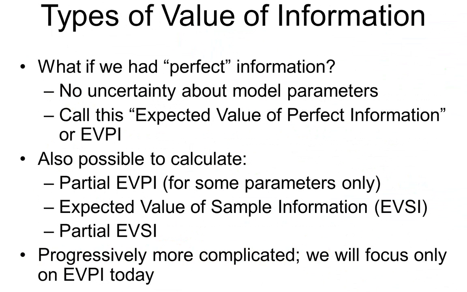So that would more directly address the question of whether it's worthwhile to do a clinical trial or collect more data in other ways. And we could also do a partial EVSI that addresses the question of whether it's cost effective to do more research that's targeted to specific parameters, perhaps the utilities or perhaps the costs or some issue related to survival, but we might focus on collecting better data on some parameters over others.